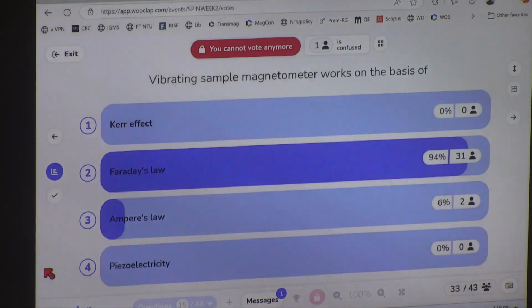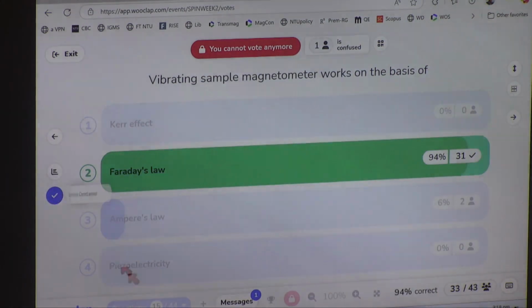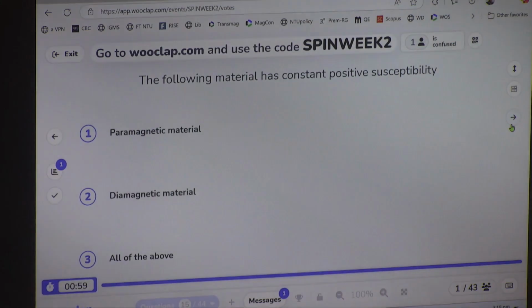Okay, most of you are right. We have some work on the basis of Faraday's law. Okay, next question.